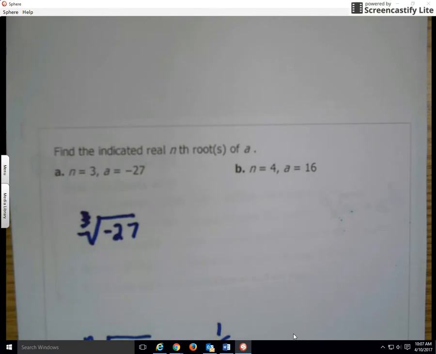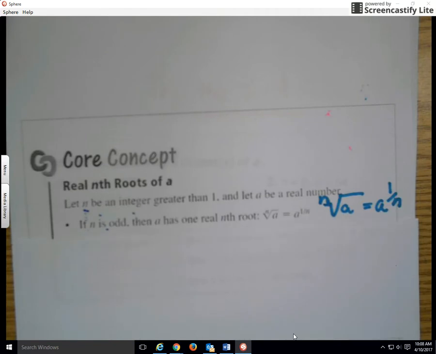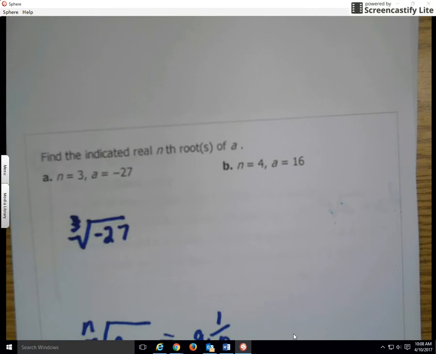And it is odd. So the rule when it's odd is what? Let's look at it again. If n is odd, then a has one real nth root. So we have one real root because it's odd. Okay, well, let's see what that would be.